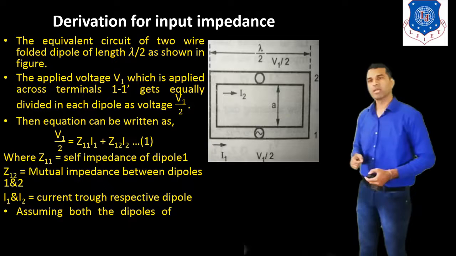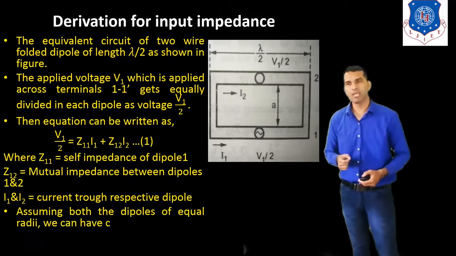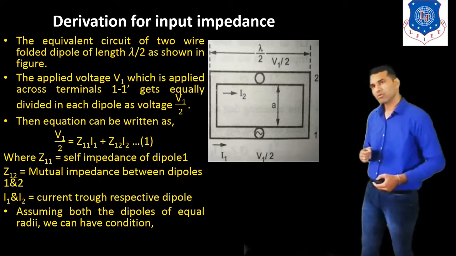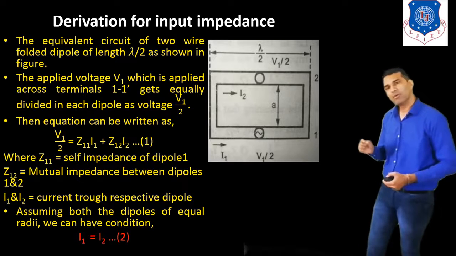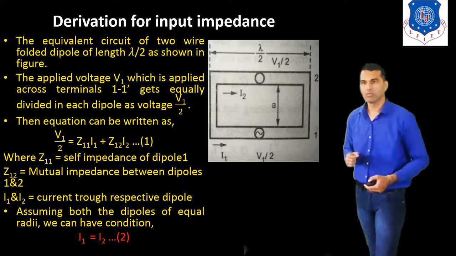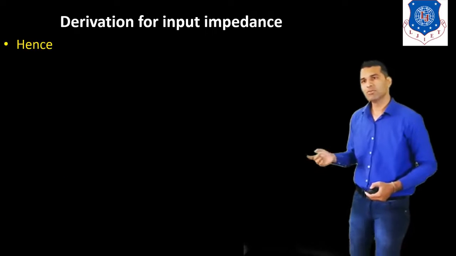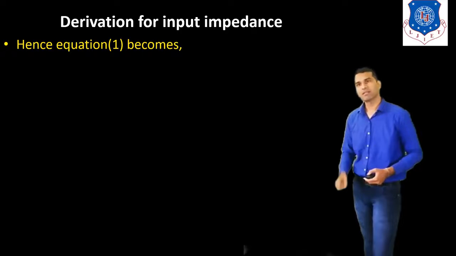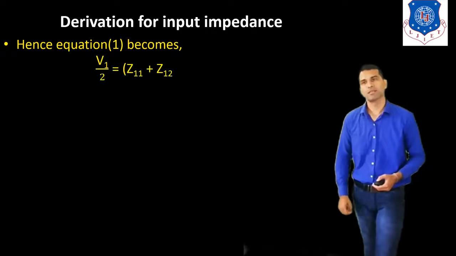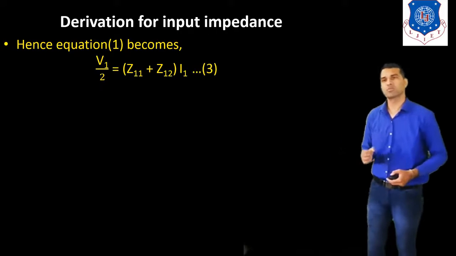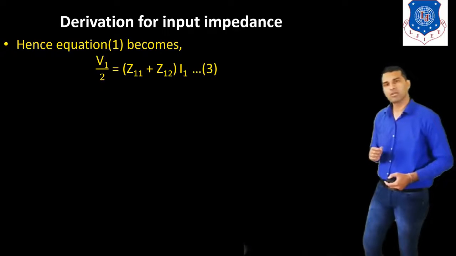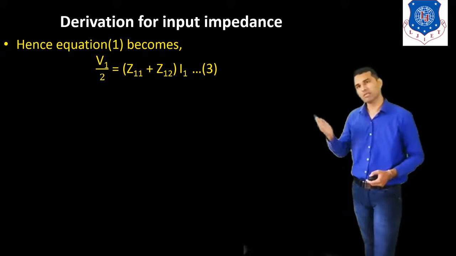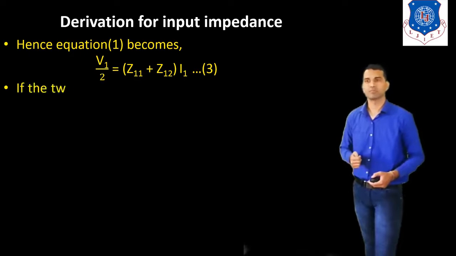Now, assuming both dipoles have equal radius, we have the condition I1 is equal to I2. So by using this, we can write equation number 1 as V1 by 2 is equal to Z11 plus Z12 into I1, because I1 is equal to I2.